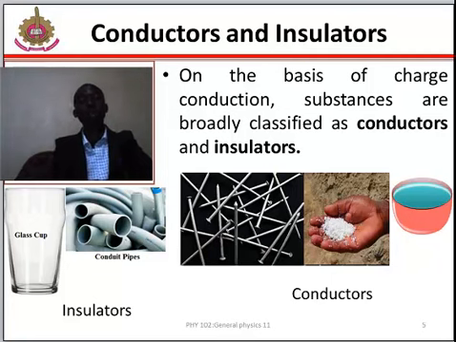So any substance that has free electrons and allows charge to move freely through it is called a conductor. On the other hand, insulators are substances that do not allow charges to move through them. Examples of these are a glass cup and the conduit pipe used for protecting electrical wires at home. As you can see from this slide, there is an example of an insulator and a conductor.